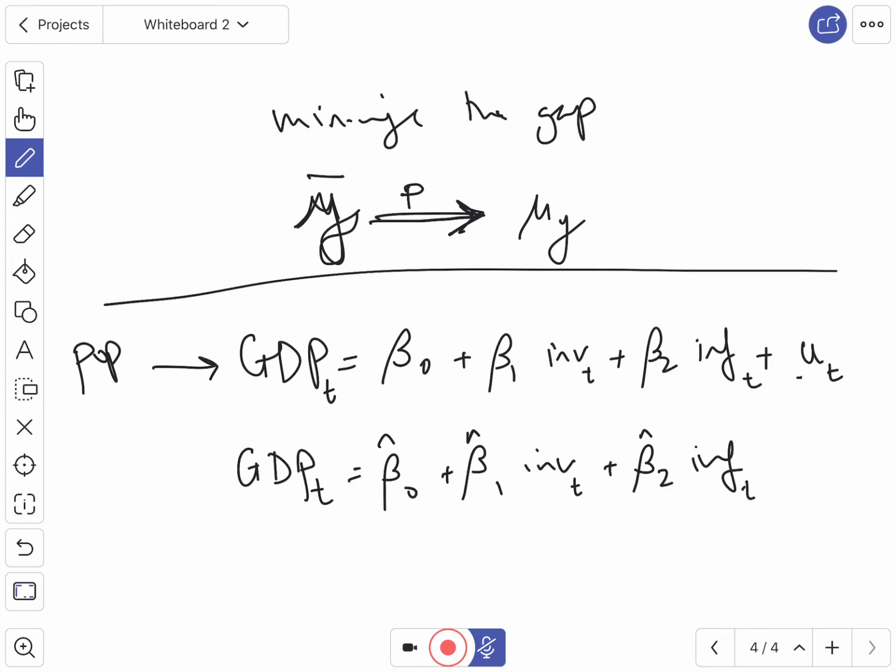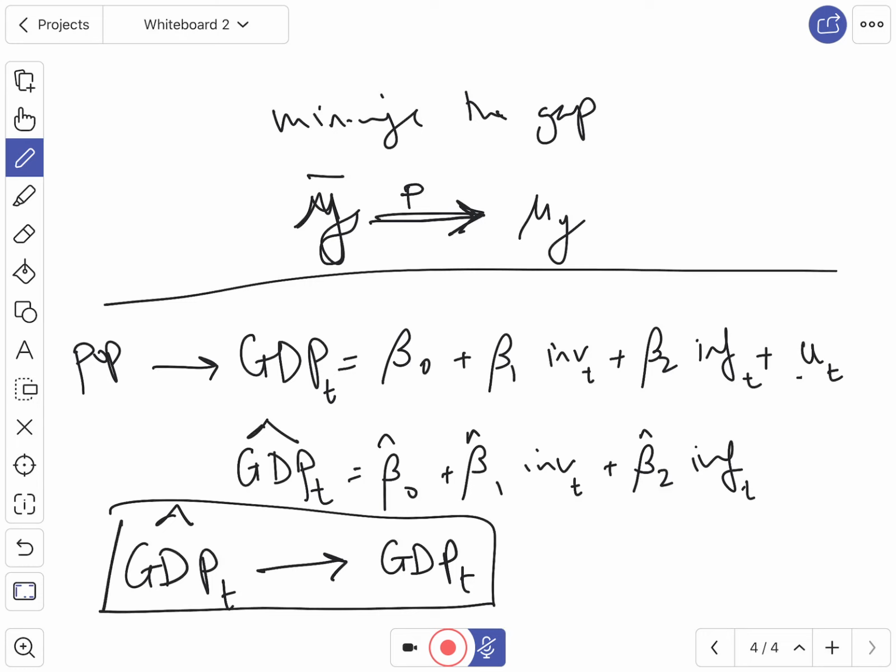I want to make sure that this estimated GDP is as close as possible to the actual GDP. In other words, I want my estimated GDP to be very close to the actual GDP. And for this to happen, the components of the two equations have to be very close.